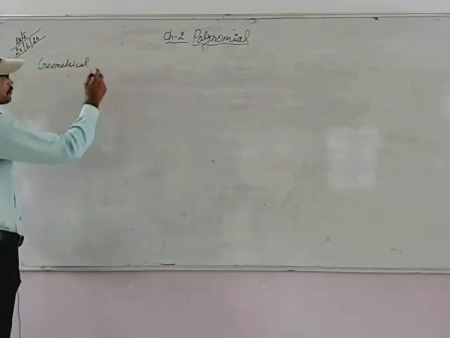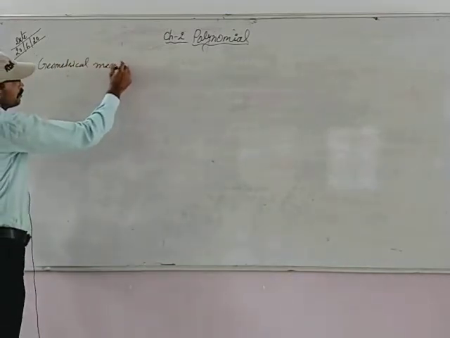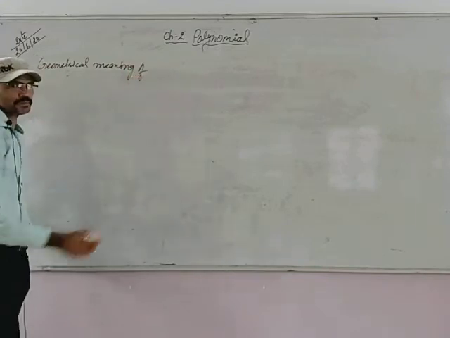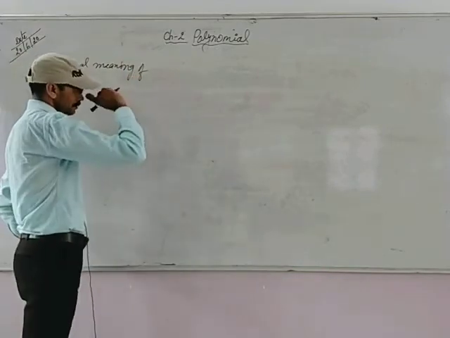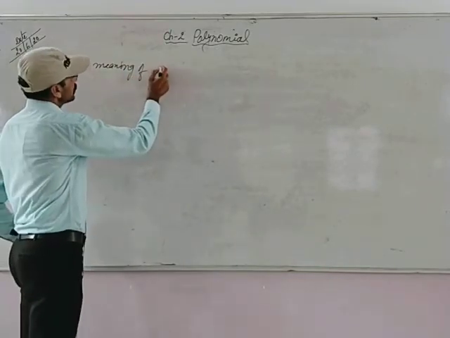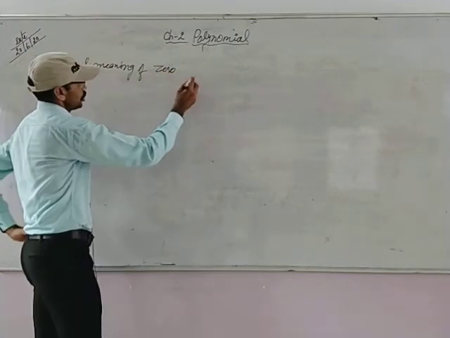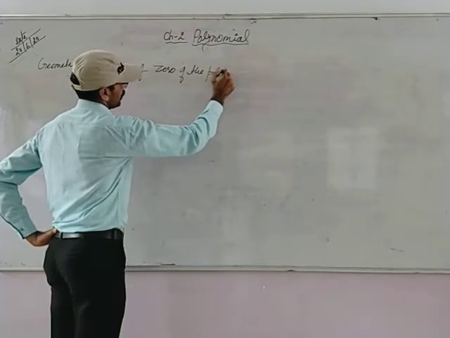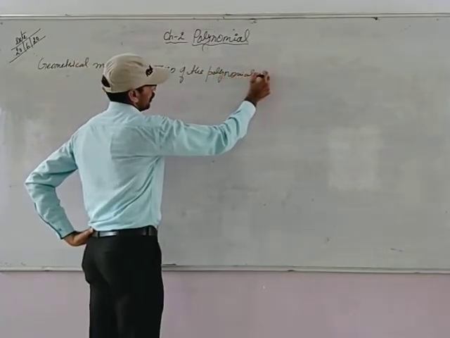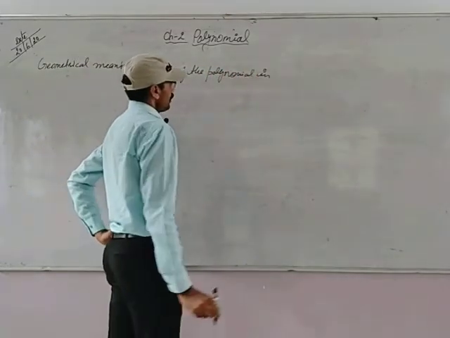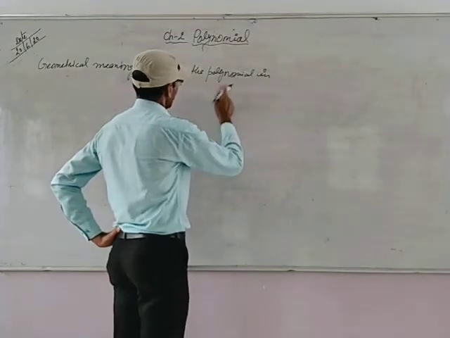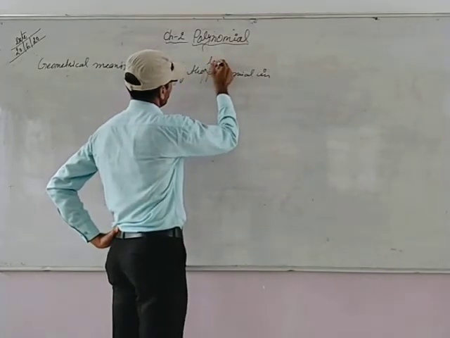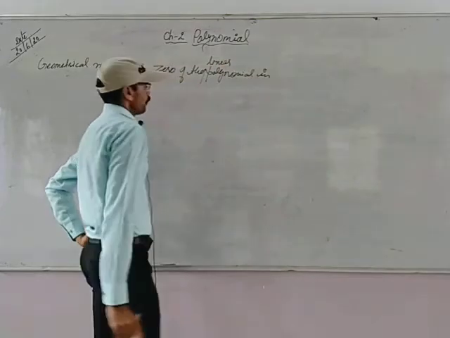Geometrical meaning of zero of the linear polynomial: a linear polynomial has one zero.